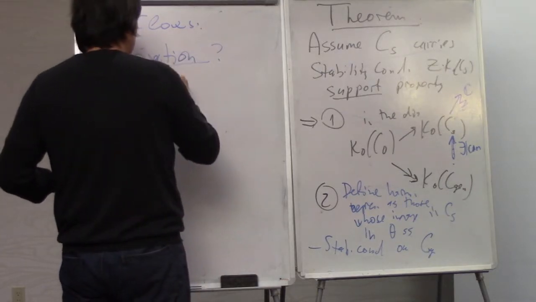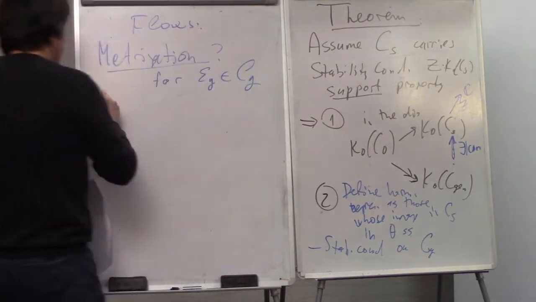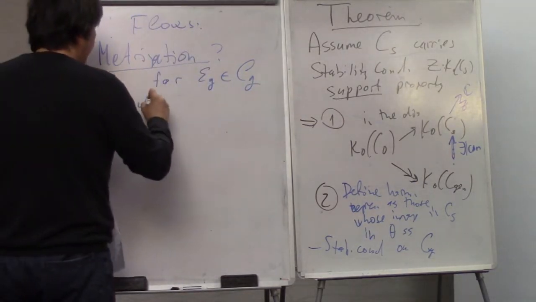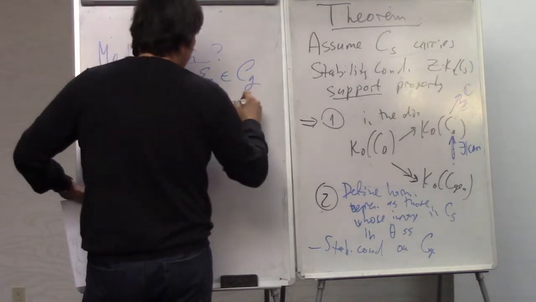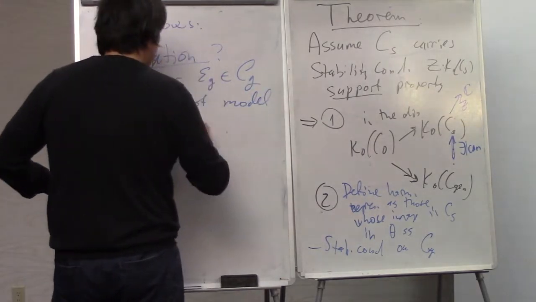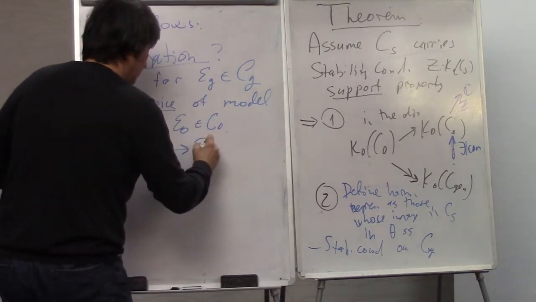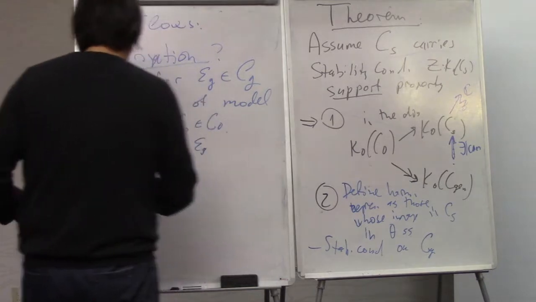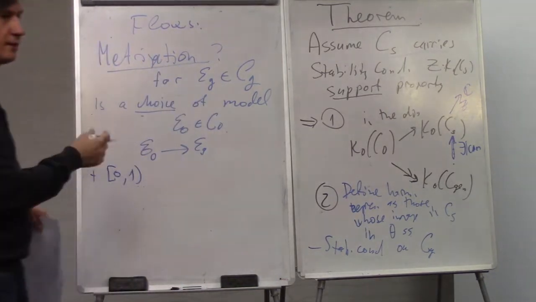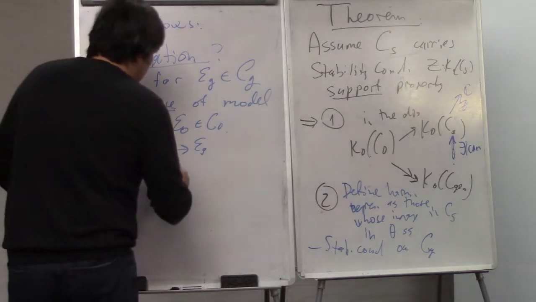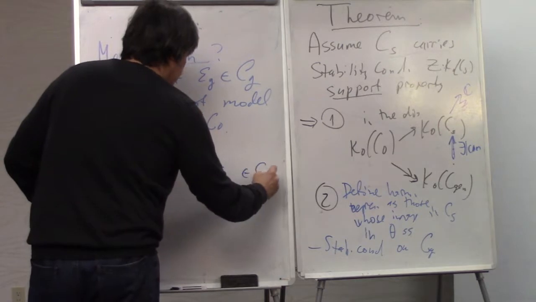For an object E generic and C generic, a metrization is, by definition, a choice of model E0 in C0 such that E0 maps to E generic by localization, and a choice of filtration by numbers from 0 to 1, a kind of parabolic structure on the log upper star of E0.